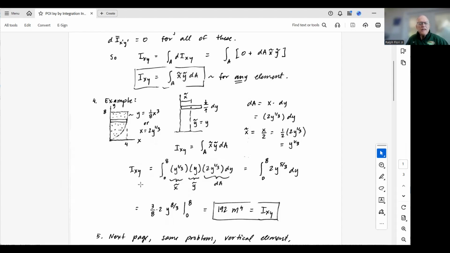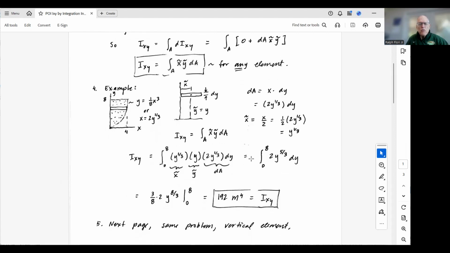So my Ixy then is x tilde, which is y to the 1/3, times y tilde, which is y, times dA. And if you multiply this together, you get 2y to the 5/3 dy. And we're integrating on y, so we're going to go from 0 to 8. And so if you integrate that, you get 192 meters to the 4th for Ixy. That's taking a horizontal element.